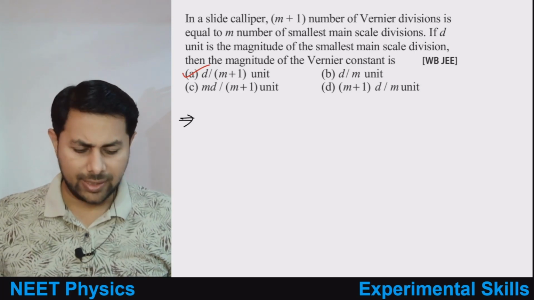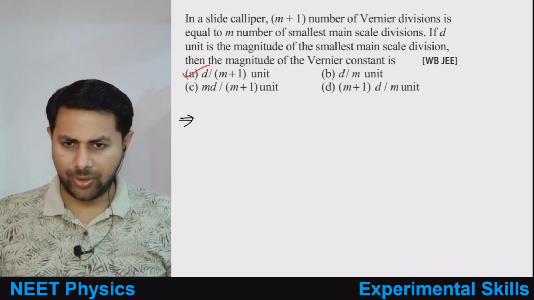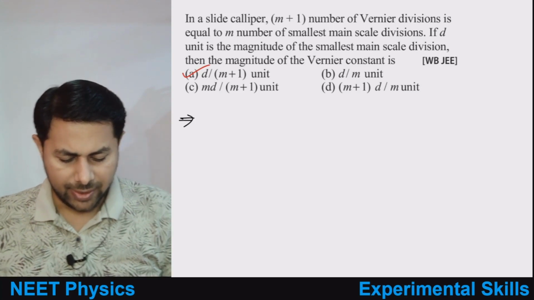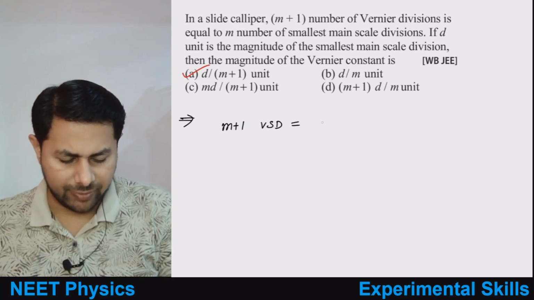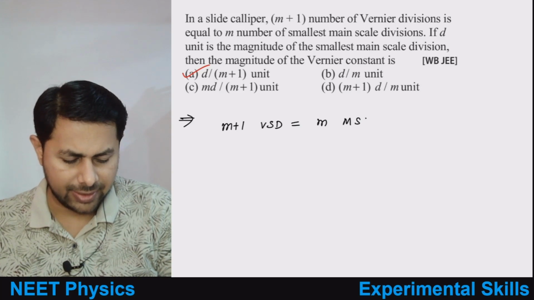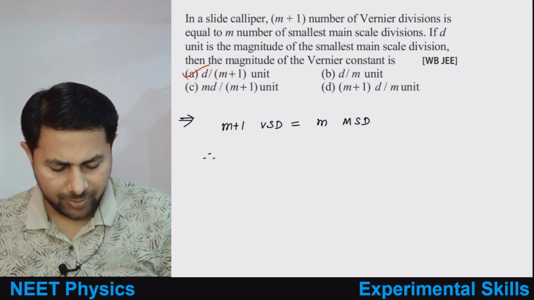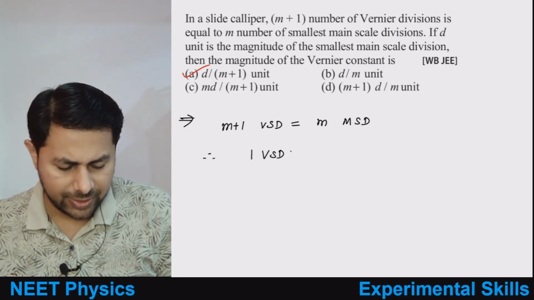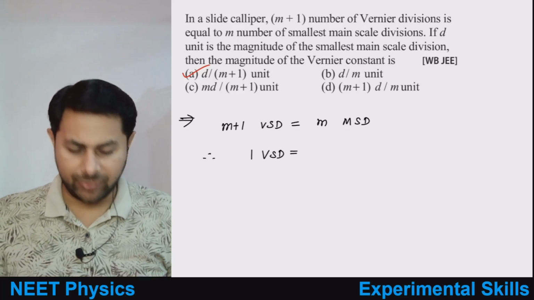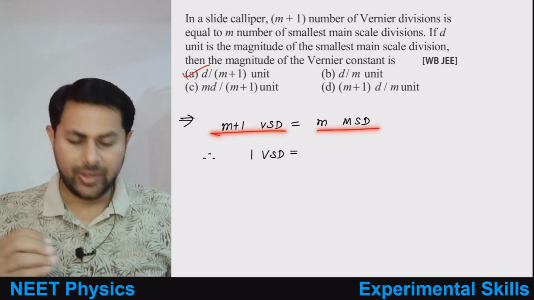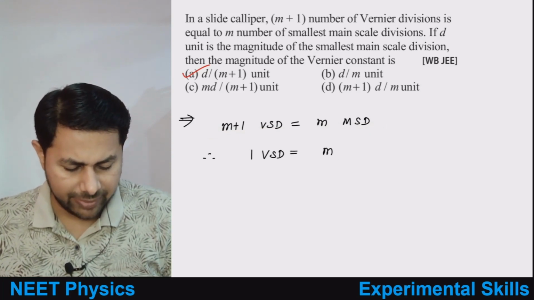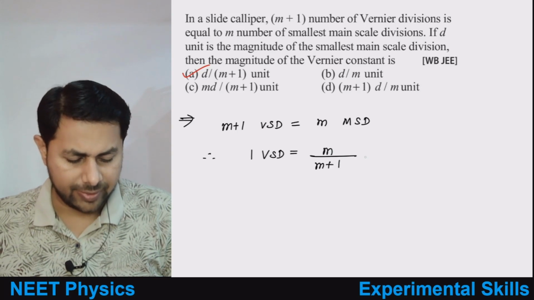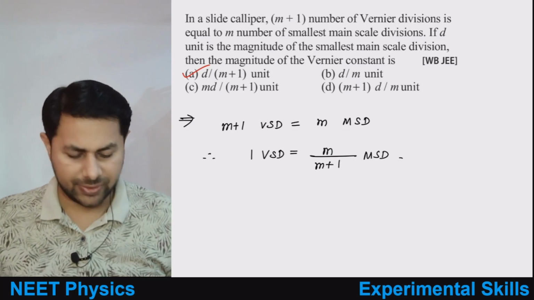Now if you like, we can verify this using the formula. So how do we verify this? You have m plus 1 VSD, vernier scale divisions, equal to m main scale divisions. Therefore what is 1 vernier scale division? It is m divided by m plus 1 main scale divisions.